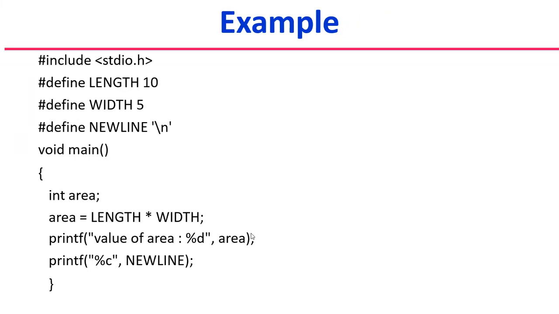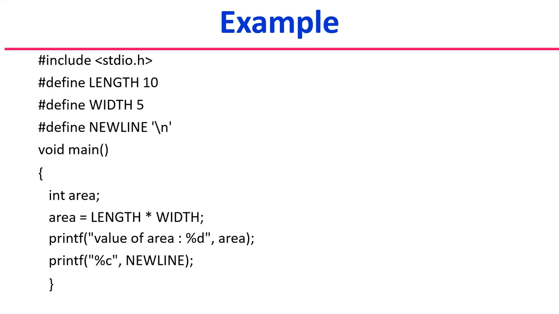Let us now see one example where we are going to find the area, in which we can define the length as a constant and the width as a constant. Here we are going to define both the length and the width as constants using the #define preprocessor.